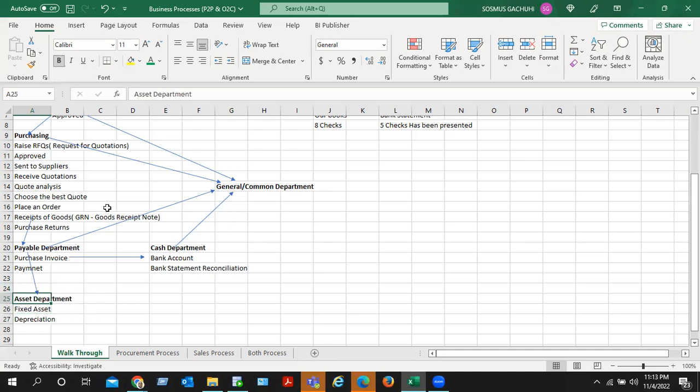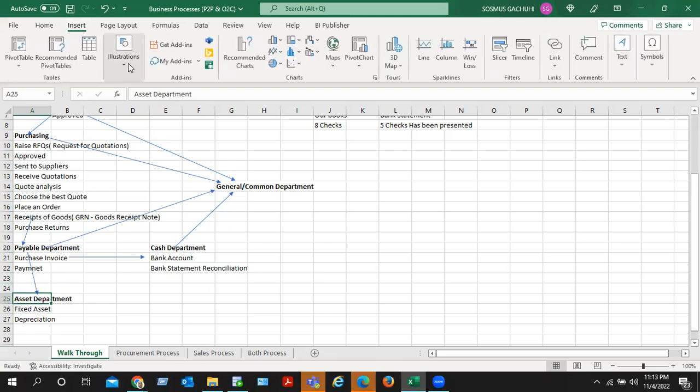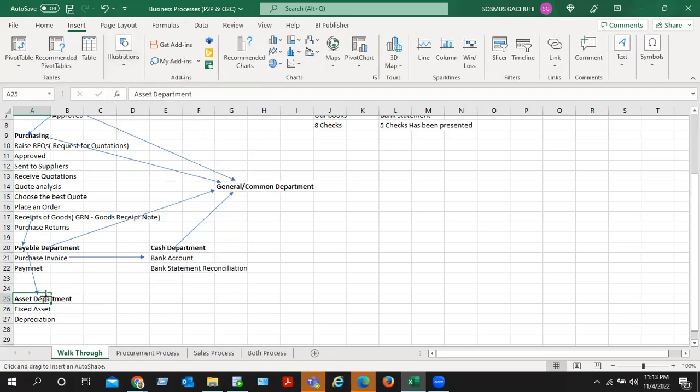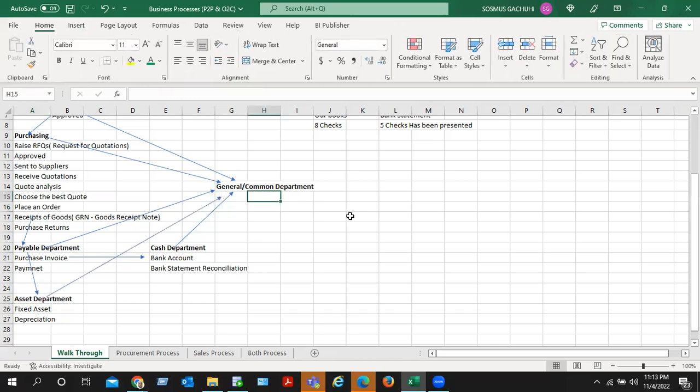So again, all this information also has to flow to the common department at the end. Under the common department, we produce and maintain financial reports.